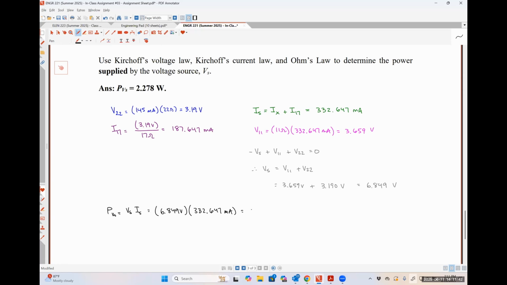And I get that to be 2.278338 and some change. I'm just going to leave it at 3 decimal places watts, which is indeed the answer that you were provided. Jordan, was that explanation sufficient for you?